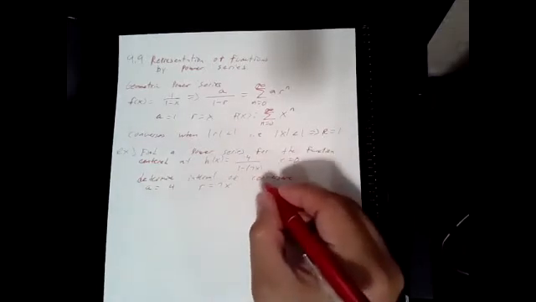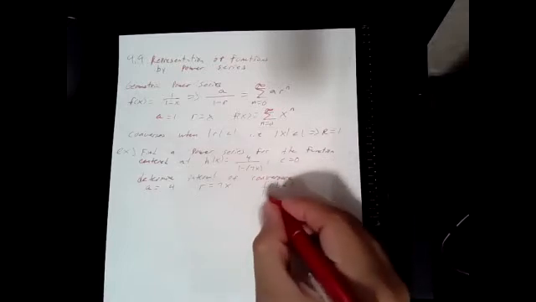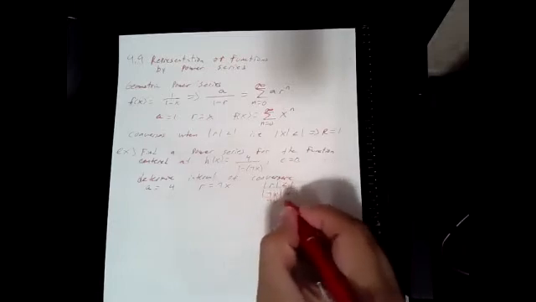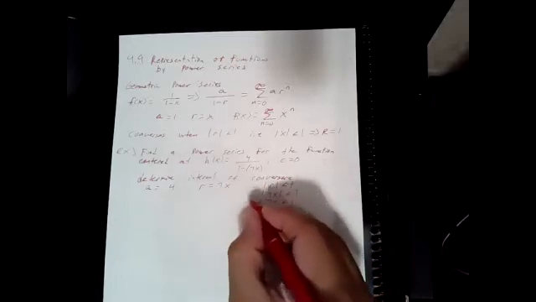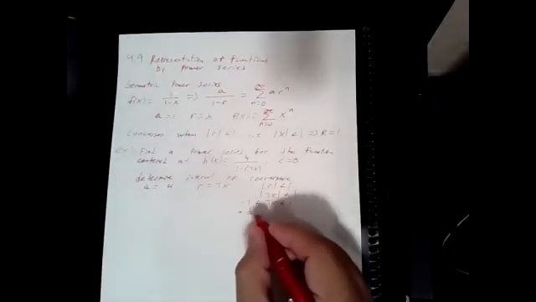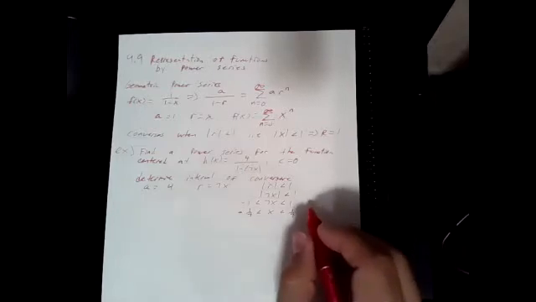So remember, in order for this to converge, we said that the absolute value of r must be less than 1. So that means that the absolute value of 7x must be less than 1. And when you solve for this, you end up with an interval of convergence between negative 1/7 and 1/7.